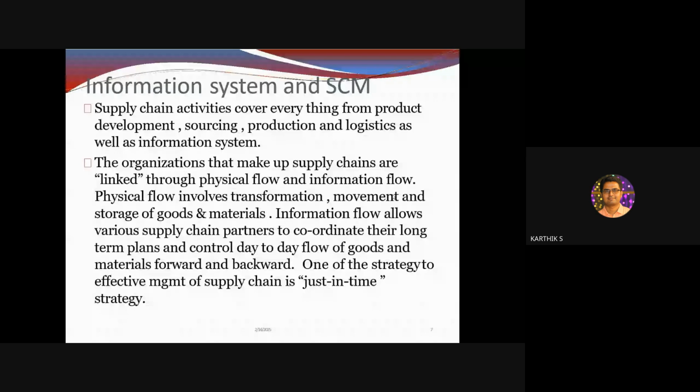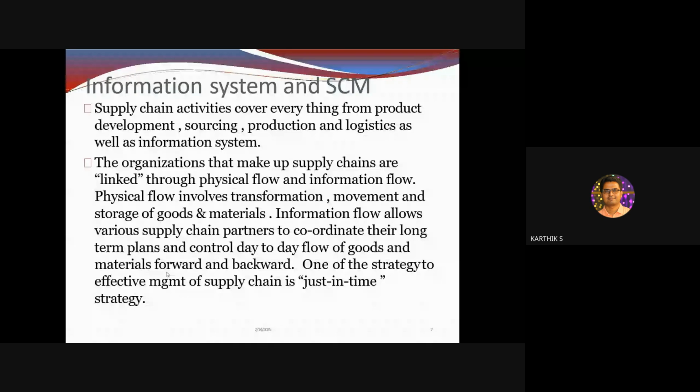So coming to the infrastructure of SCM, it tells about forward movements and backward movements. Let's say if a product is sent from the first to the second stage, then you open up the screen or log into the website and see where your product is.